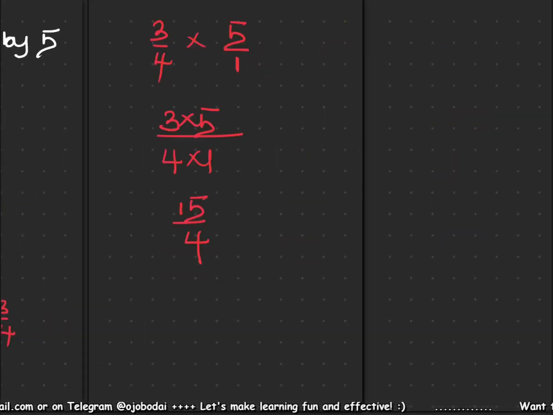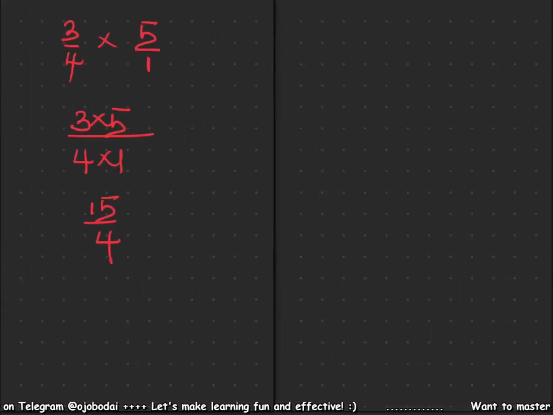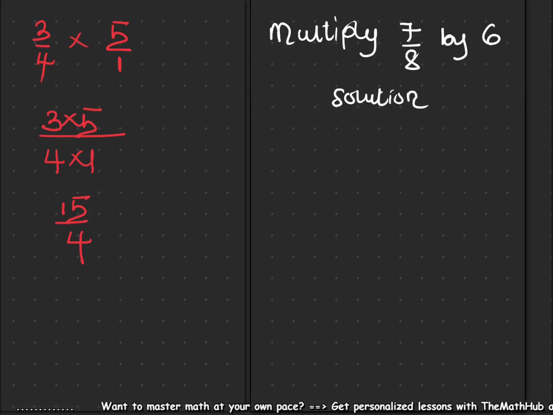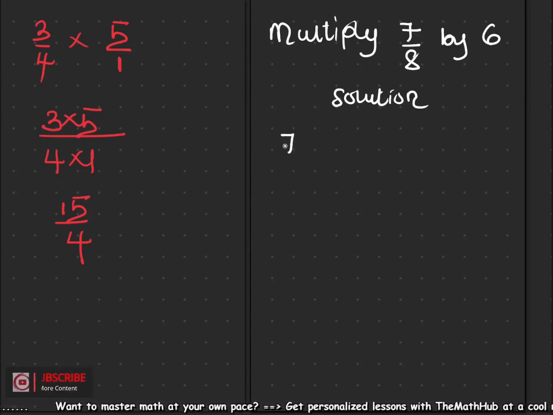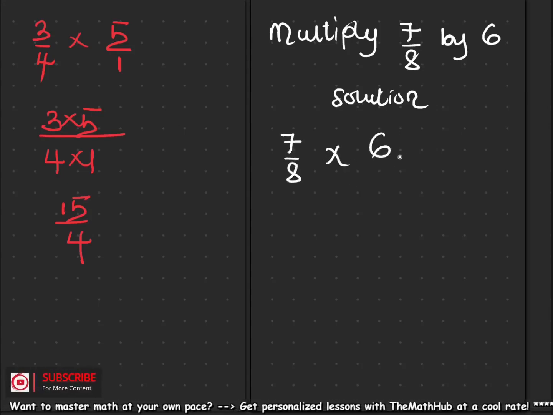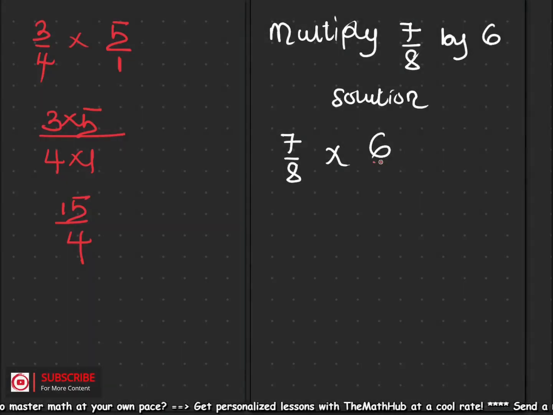Let's take some more examples to explore and then enhance our understanding. So we have to multiply 7 over 8 by 6. Once again, we are using the same procedure. We have 7 over 8 times 6. Just as I said, assume there is a 1 as a denominator over here.